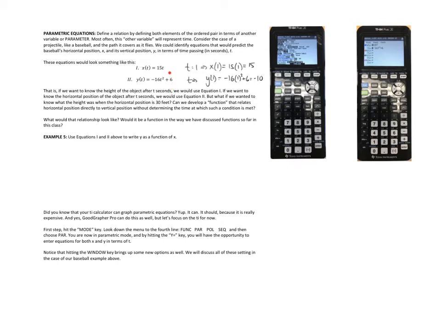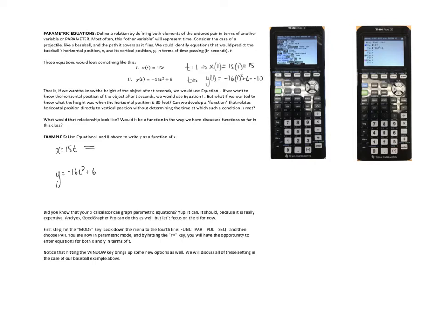But that was kind of indirect. We had to find t based on an x, and then get that t and plug it in here. What I'm talking about is maybe going directly to a y value from a given x value. So what we can do is recognize that our first equation, x is equal to 15t, and we have a second equation, y is equal to negative 16t squared plus 6.